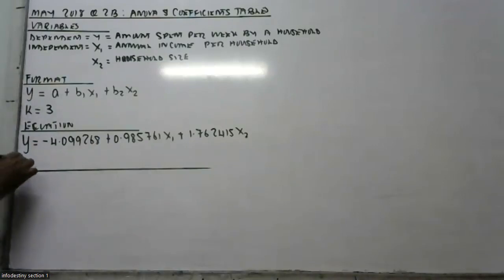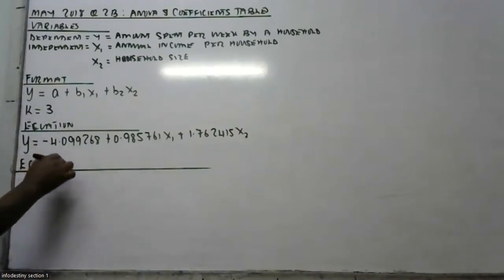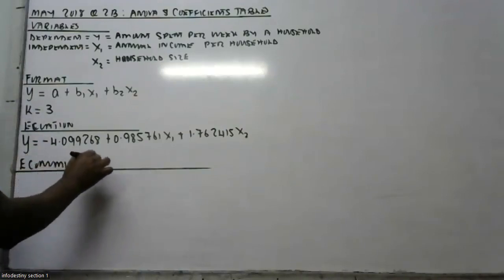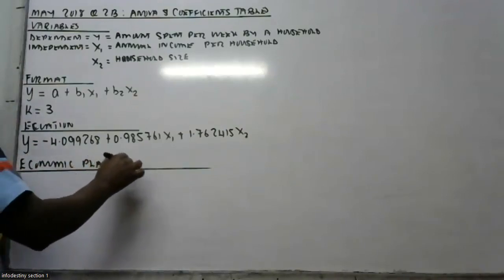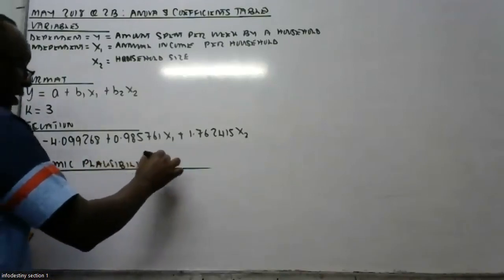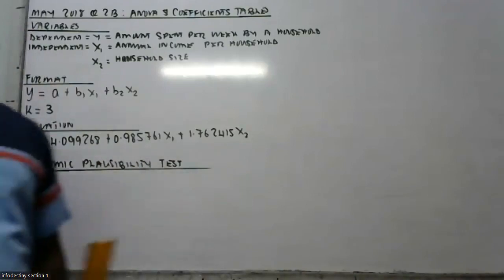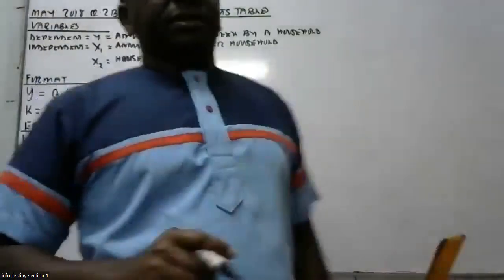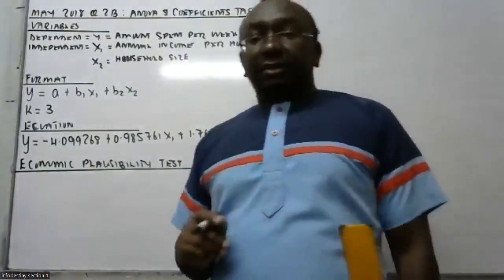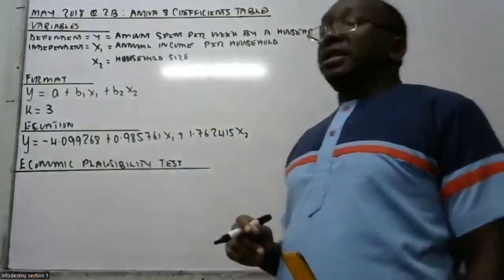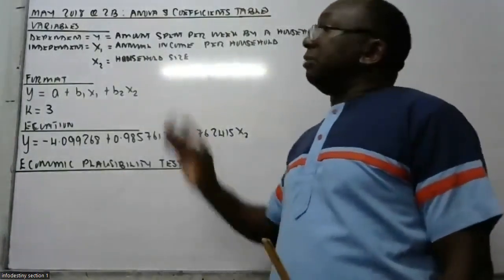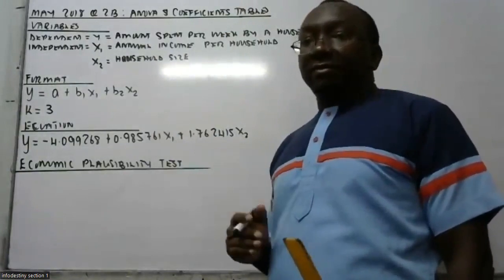So now let's do the first one, which is called the economic plausibility test. Now, the economic plausibility test is used to tell us 2 things. One, whether the relationship between the variables is logically defensible.